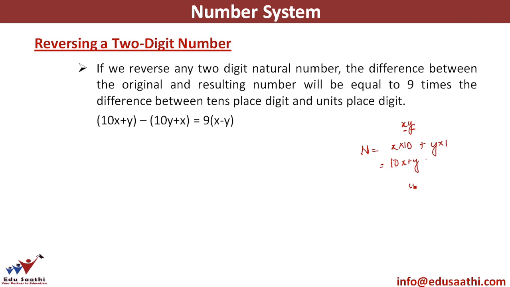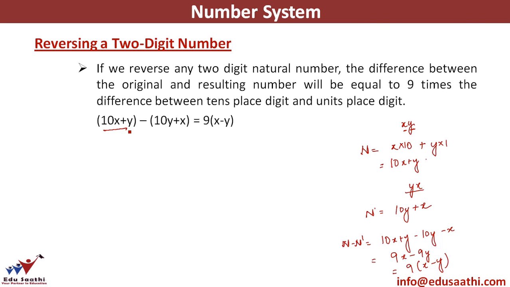When you reverse the digits, it will become yx. So the number would always be written as, again, the digit into the place value, 10y plus x. When you subtract the number and the number formed by reversing the digits, whatever is the digit value of tens becomes the units, and the units becomes the tens, but when you take their difference and take the common factor, it comes out to be 9 times the difference between the tens place and the units place.